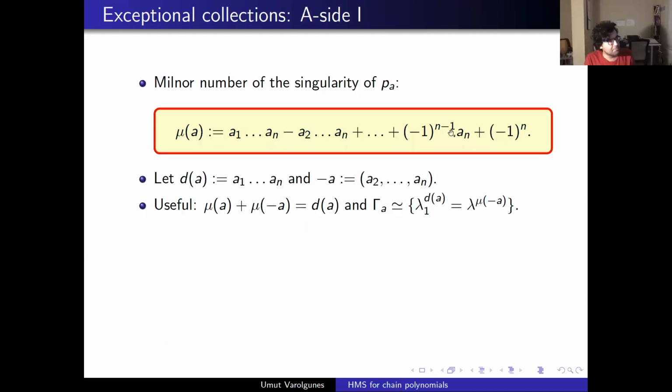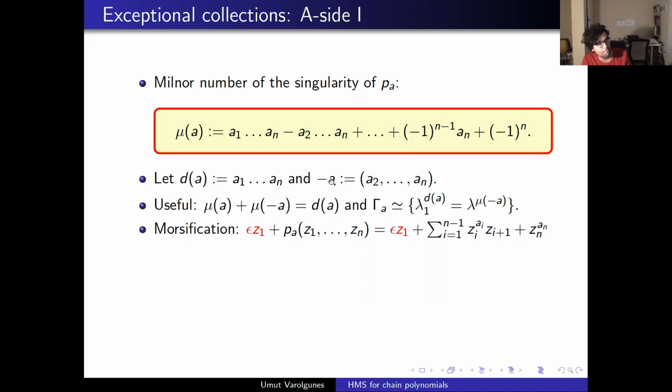Okay, so that's mu. D is simple. D is just the product of these positive integers. I also want to introduce a notation: if I start with a1 up to an and remove a1, then I will denote it by minus A. That's a tuple with one less integer.